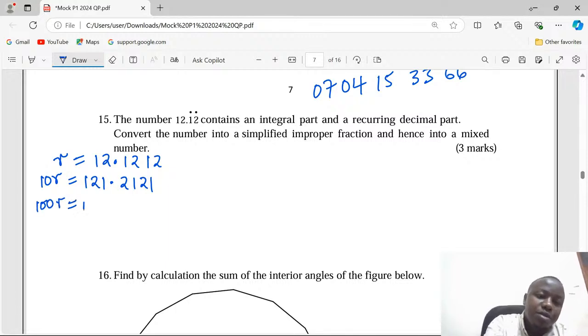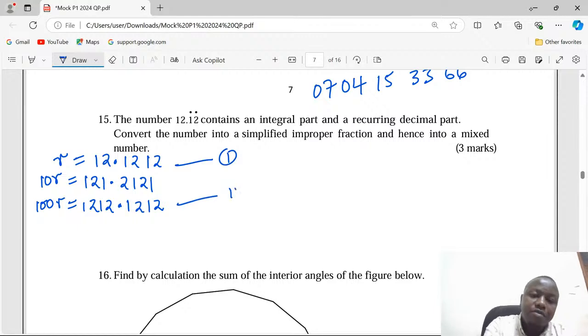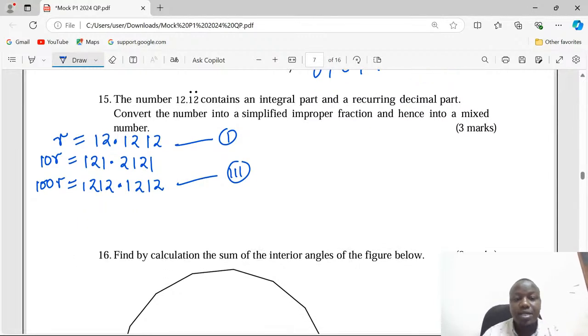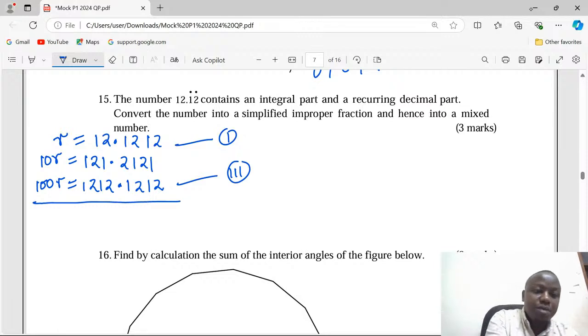This is going to be 1212.1212. When we subtract, you can see that the decimal part is going to give us 0. And so we take 100R minus R, which is going to be 99R.